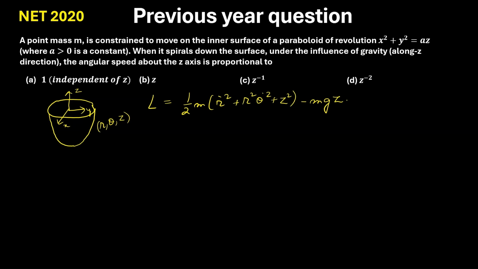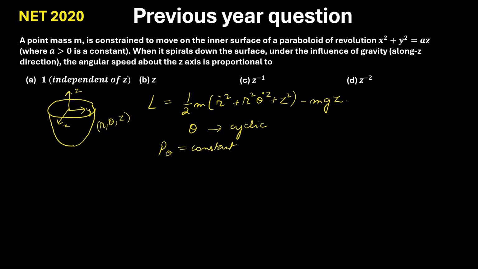Now, using this Lagrangian, we can see that it does not contain the term theta. This theta dot is here, but theta is not here. So theta becomes cyclic. When theta is cyclic, p theta will be constant.